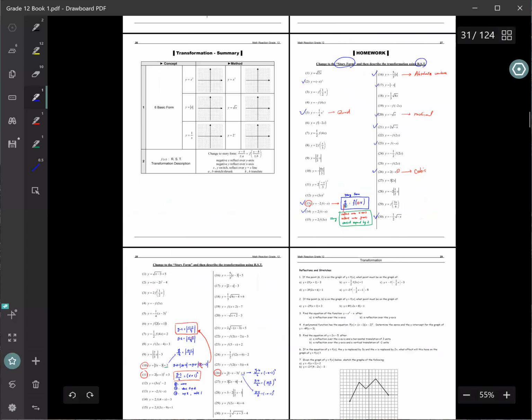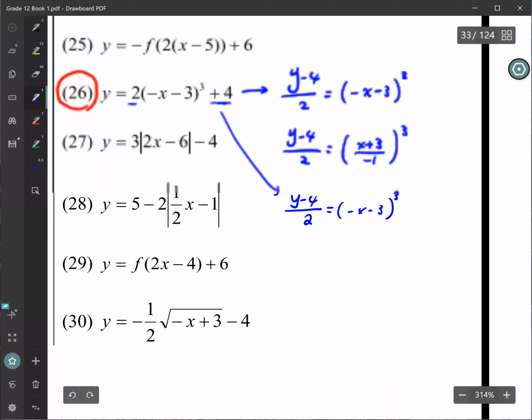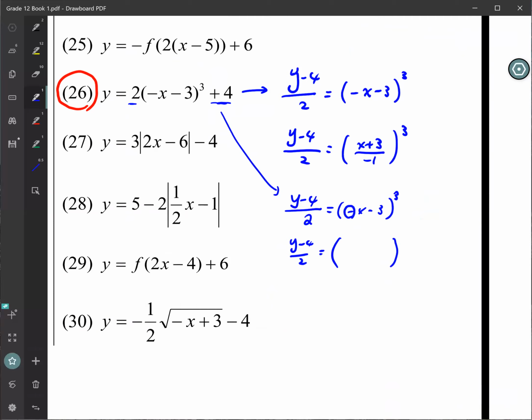Go back down. Okay, so we need to keep y minus 4 the same. And then inside we'll factor out the negative because there's a number attached to the x, right? Negative 1 is attached. We take the negative out and then the inside will change.